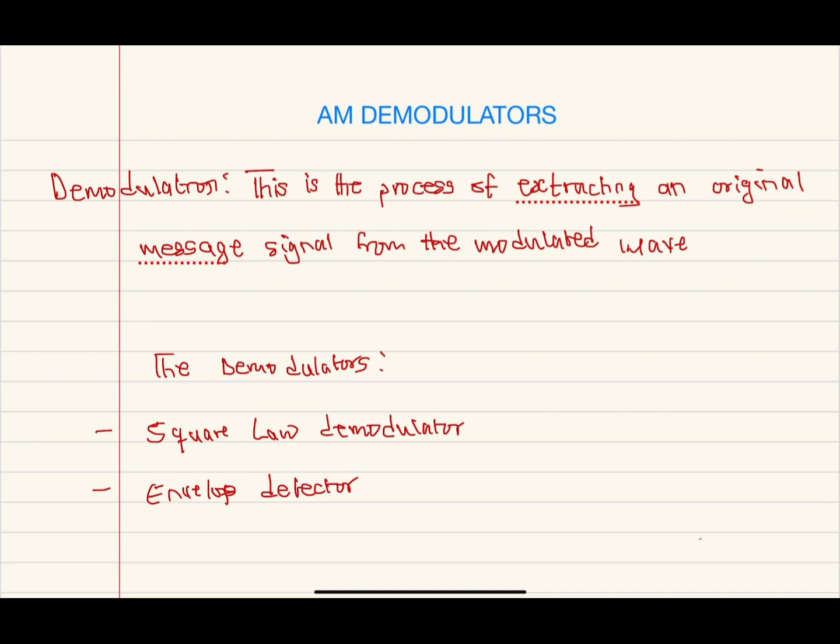Demodulation is an essential part of any communication system. So I can say that without demodulation, modulation is essentially nothing. To kick off, demodulation is the process of extracting the original information signal from a modulated wave signal.